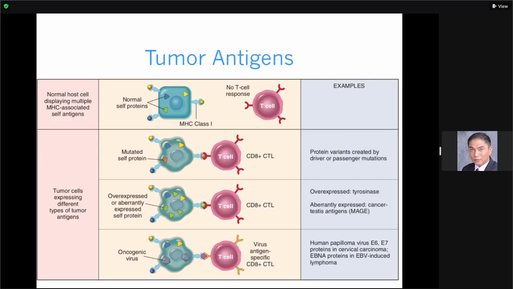And in cells that are infected with oncogenic viruses, there are proteins that can be used. Like if the cell is infected with HPV, the cell can have E6 and E7 proteins, EBNA in cells that are infected with Epstein-Barr virus. So these can serve as antigen too.